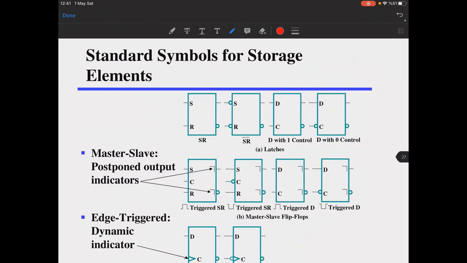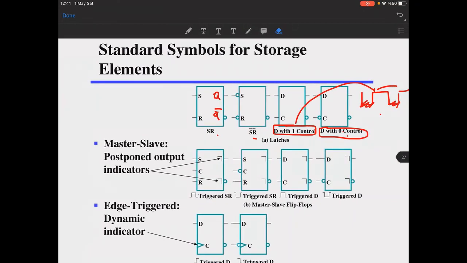This is your SR latch. This is your Q and Q not outputs right here. This is your S not R not latch, and D latch with 1 control, D latch with 0 control. So it means that with 0 control, your updates will happen during these times, but with 1 control, the updates will happen here.